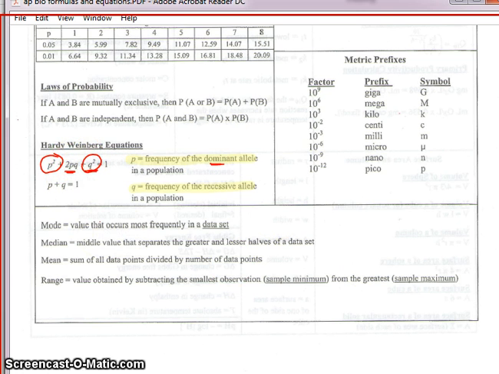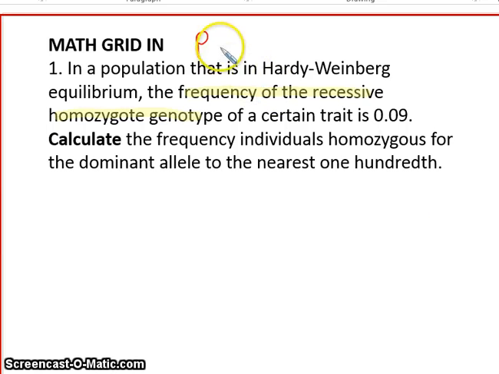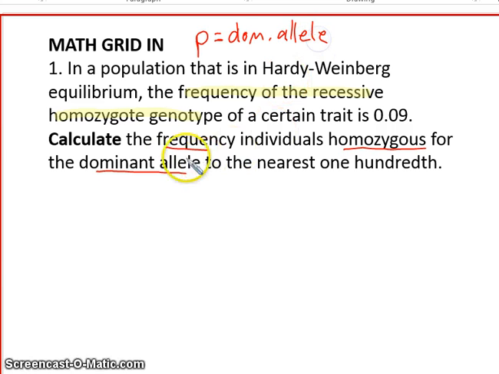So let's go back to that question. We know that P is the allele, and this one is asking us for the frequency of the homozygous dominant allele. Basically that's looking for P. You can't forget that it's also talking about the frequency of that.